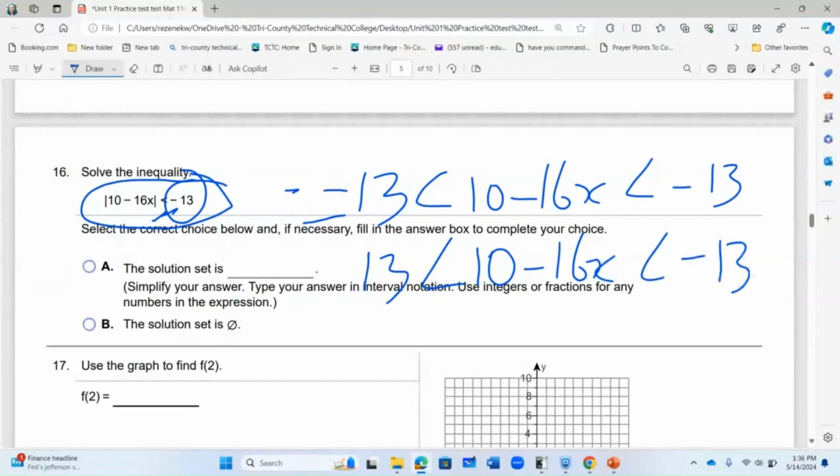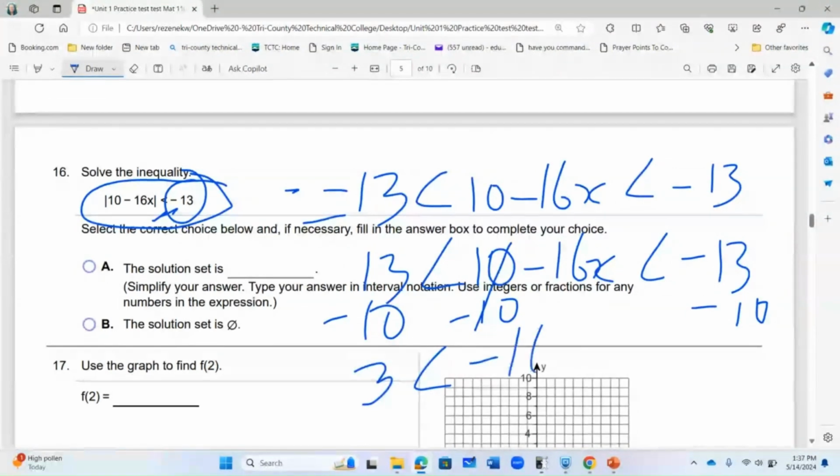Then solve. I am going to start solving by saying minus 10 on both sides. You are solving, remember, it is a compound inequality. You solve the three sections together. So I will just cancel this one because they cancel. And then I have negative 23 on the left-hand side is less than negative 16x is less than 3.